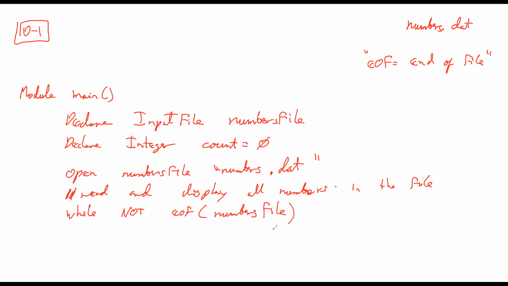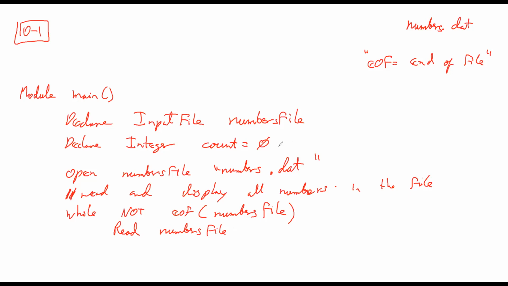Okay, what do we do? We're going to read the data. So I'm going to do a read from numbers file. I'm going to need a variable here, so I can just declare integer count.